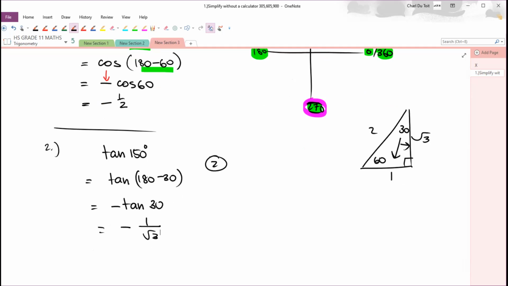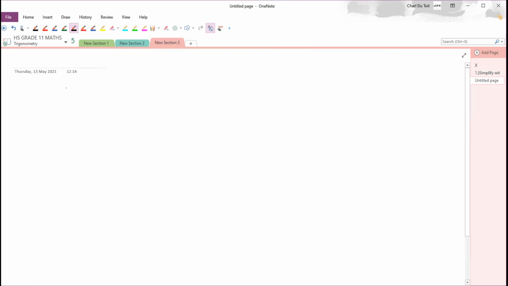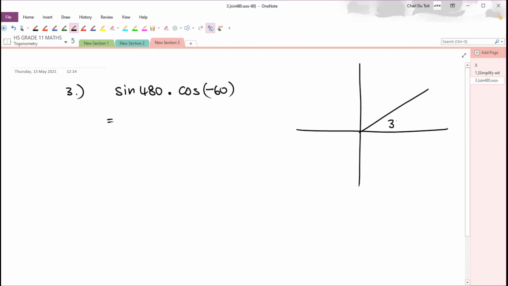So let's make the sums bigger. So say for instance, I have sin of 480 degrees times cos of -60 degrees. Now what's nice, say for instance, I have a 30 degrees here. I can add 360 degrees whenever I want to. It just brings me back to exactly the same spot.